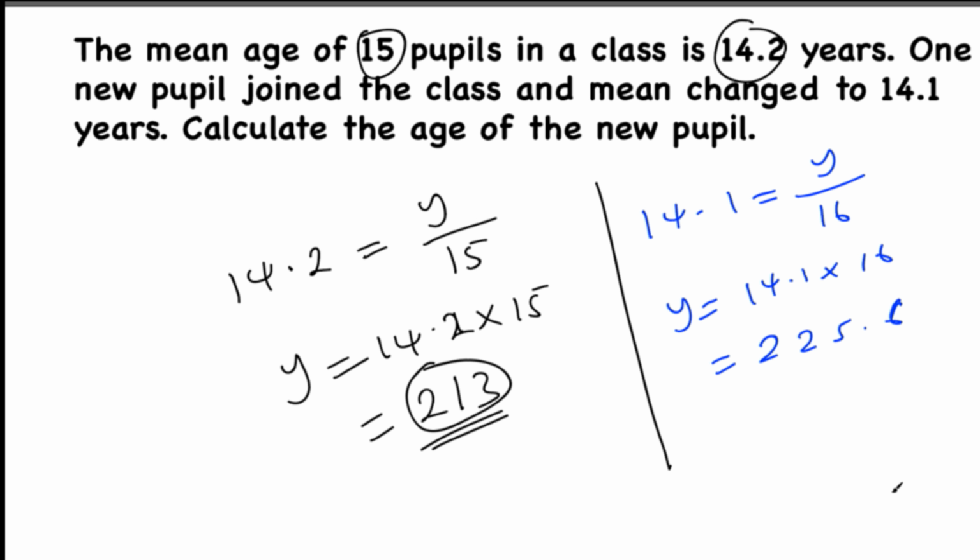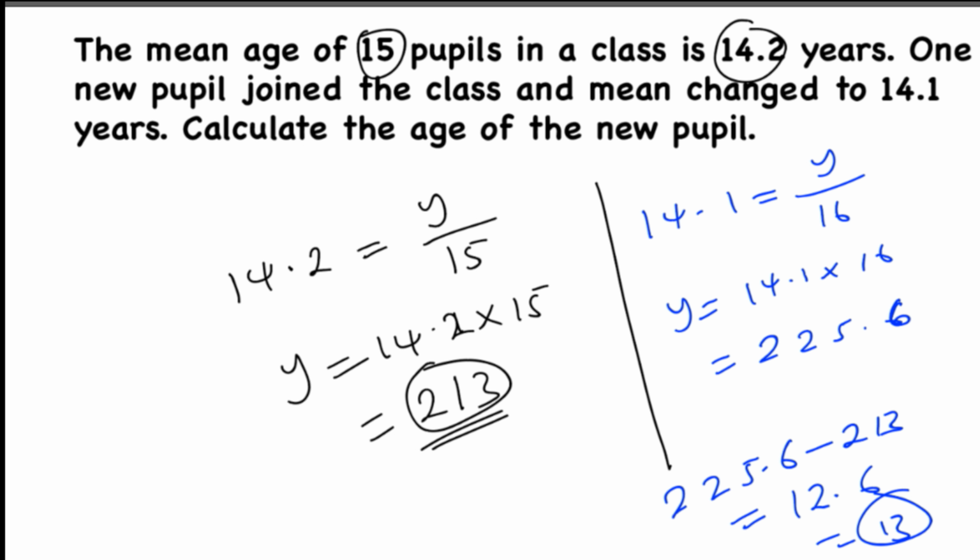Now, this is the summation of all the 51 students' ages. Therefore, to get the value for the new student, you have to say what? 719.1 minus 710. If you subtract this, you have 9.1, approximately what? 9. Hope this was informative. Thank you for viewing.